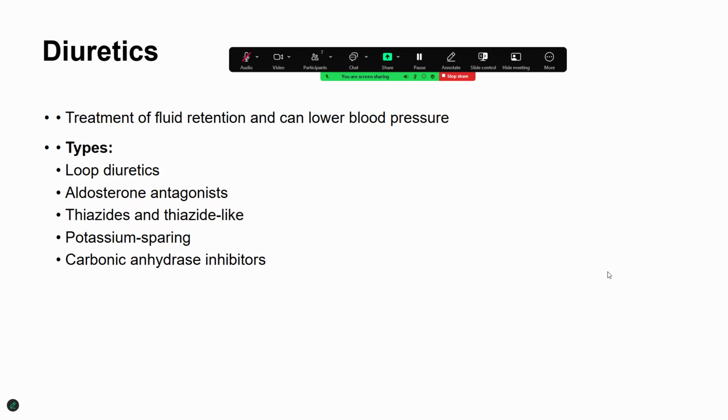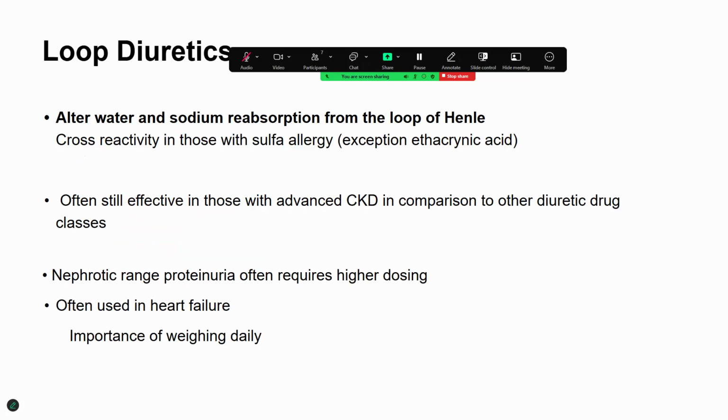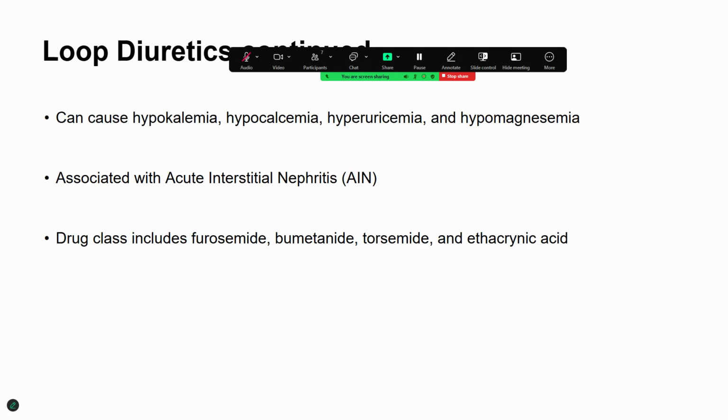They can cause hypokalemia, hypocalcemia, hyperuricemia, and hypomagnesemia. The one we mostly see is hypokalemia. This class can cause acute interstitial nephritis, and these are the drugs: furosemide, Bumex, torsemide, and ethacrynic acid, which I haven't seen too often.